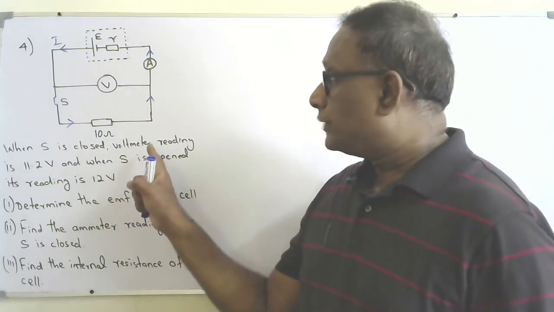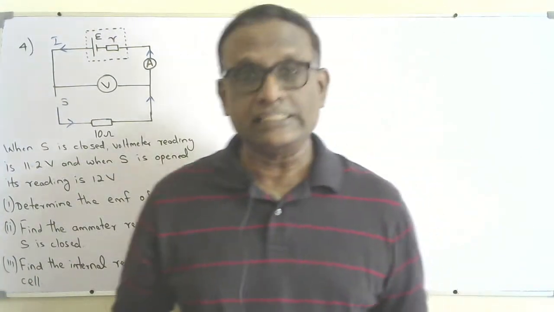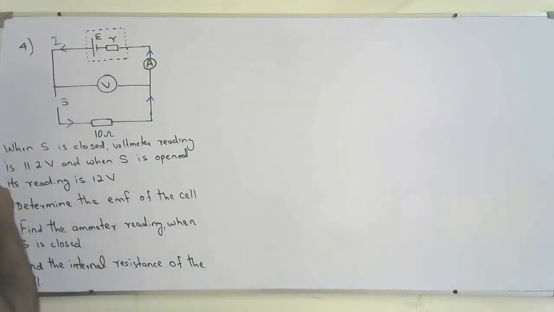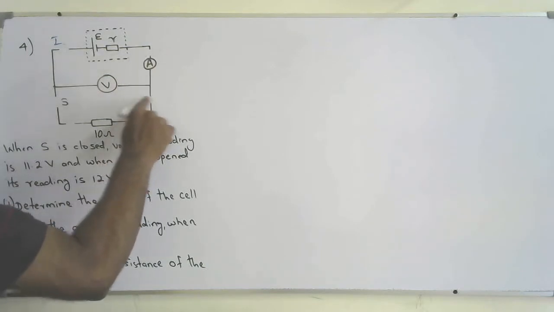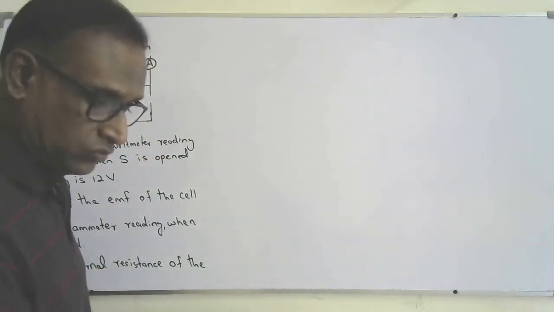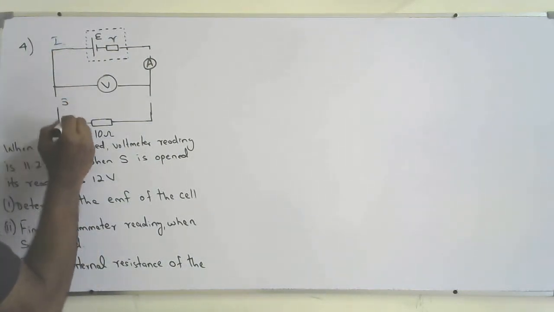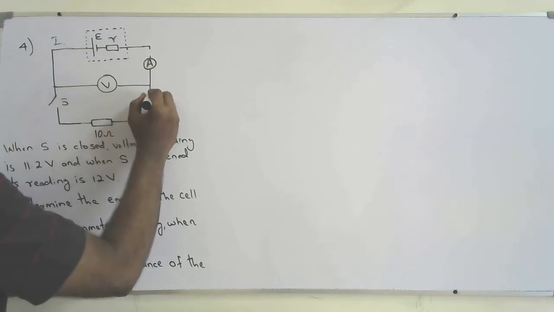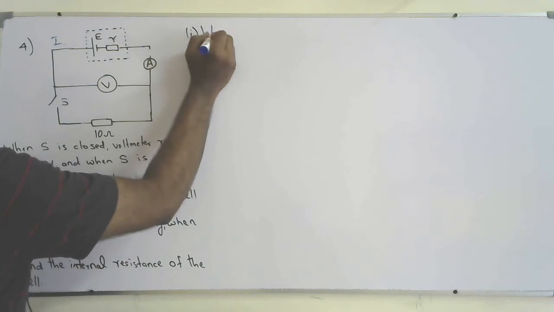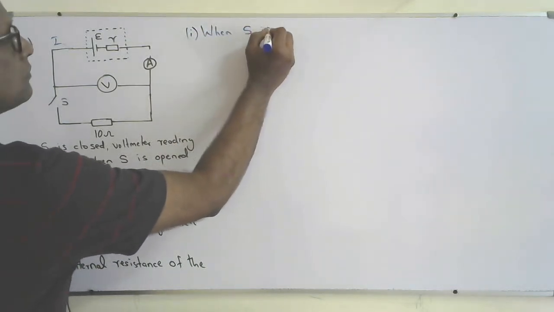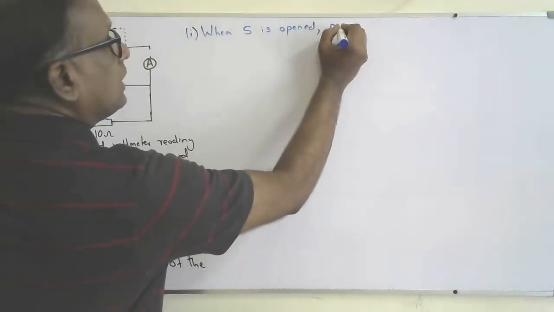But when S is open, there won't be any current flow because the current through the voltmeter is negligible, since its internal resistance is very large. So when S is open, there is no current flow through the cell. So when there is no current flow through the cell, what will happen? The voltage across the cell will be equal to the EMF. So for the first part answer, when S is open, I can say no current flows through the cell.